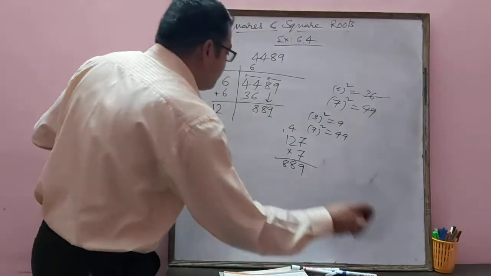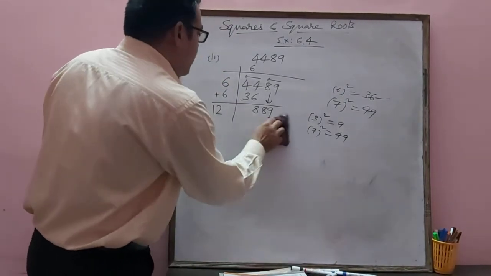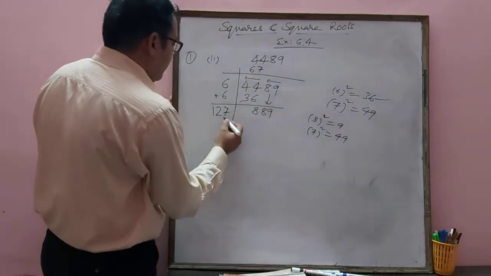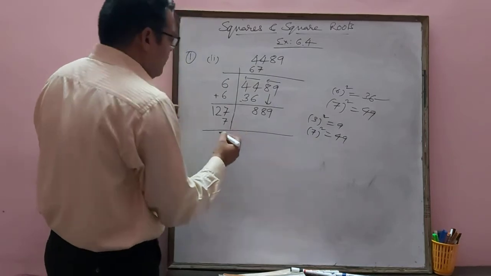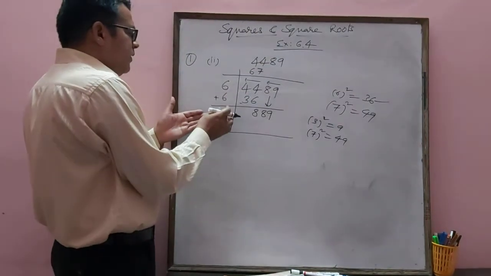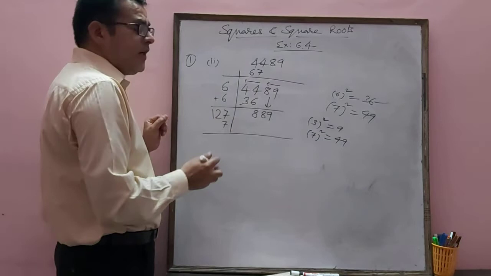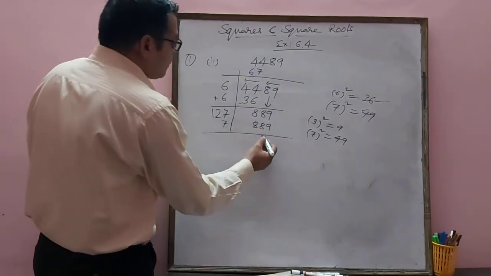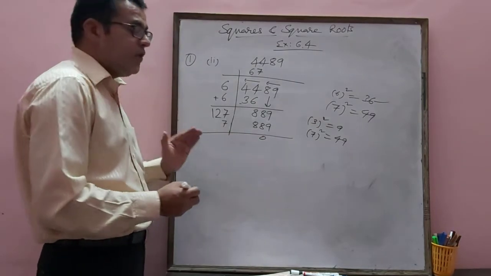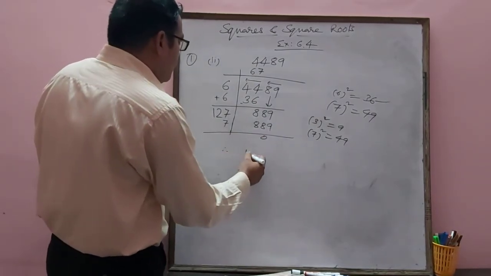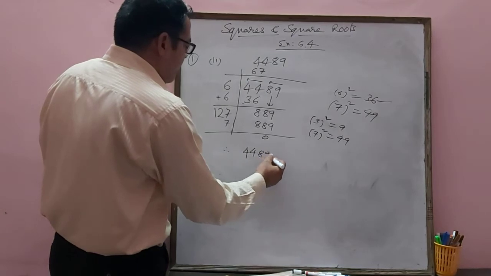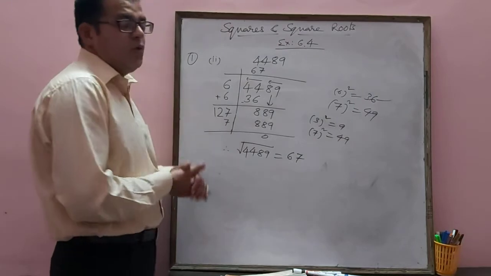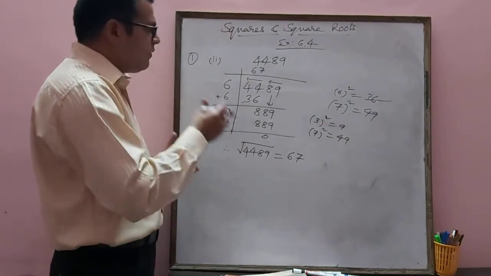It means we have to take 7 here, and here also 7, and here also 7. So if you multiply 7 with 127, we have 889. Just we multiplied here. So after subtraction we have 0. So square root of 4489 is 67. Hope you understand. This method is very interesting.